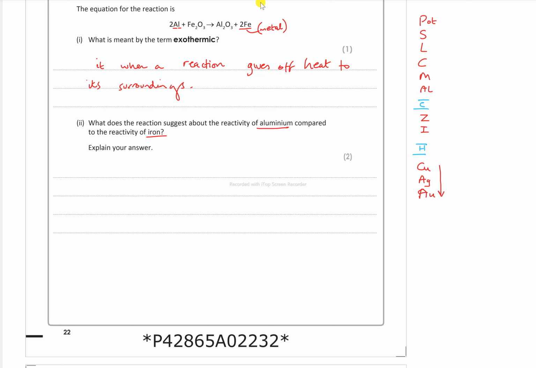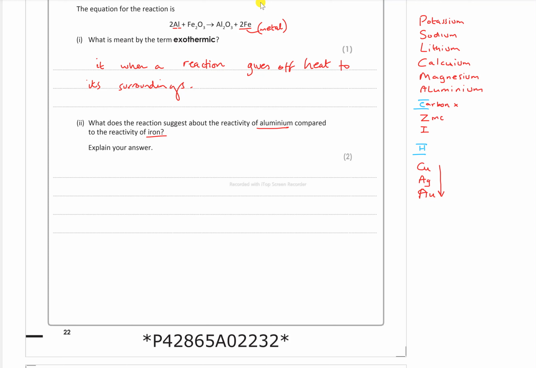That is potassium, sodium, lithium, calcium, magnesium, aluminium. Right, this is carbon. It's a non-metal.